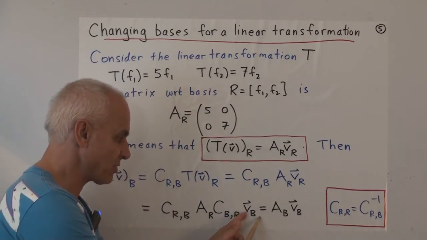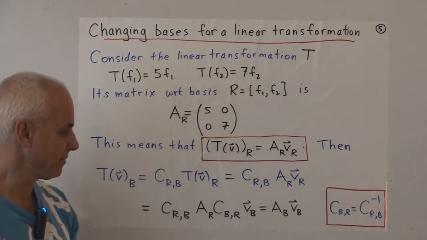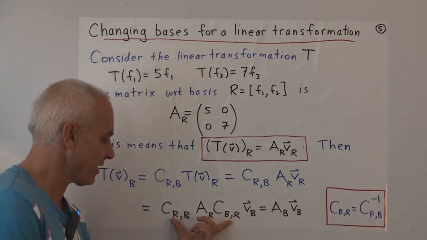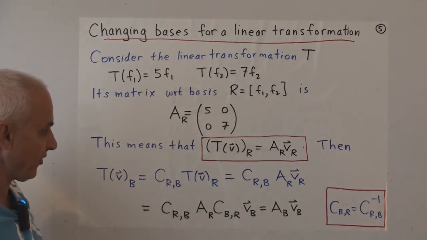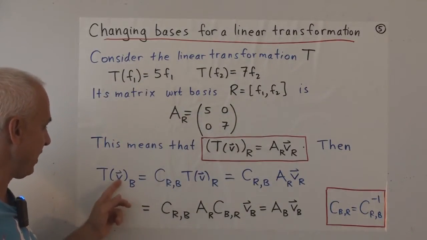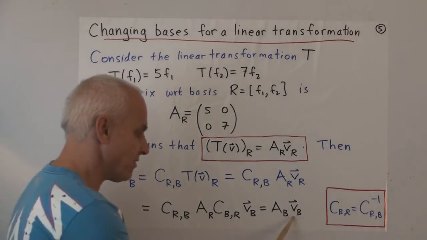So take Bob's coordinates, multiply by this matrix, then you do get Rachel's coordinates. When we rewrite that as simply A_B, we have something that looks exactly like this except in Bob's system: [T(V)]_B equals some matrix A_B times [V]_B.